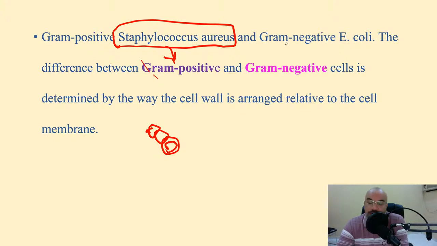While for gram-negative, an example is Escherichia coli, which will have a thin cell wall compared to Staphylococcus aureus. And this is part of how we deal with this characteristic of the bacteria.